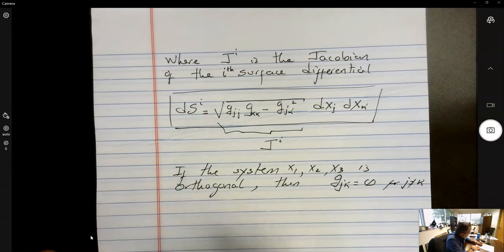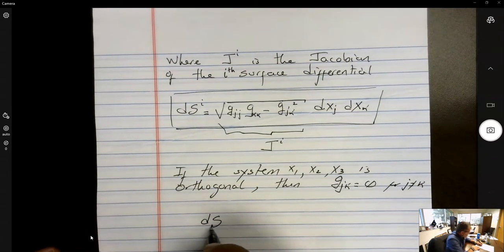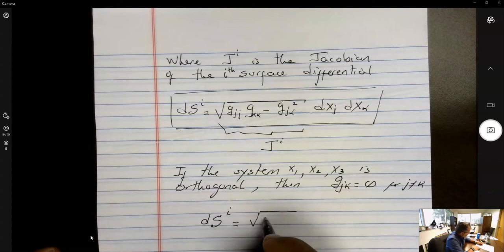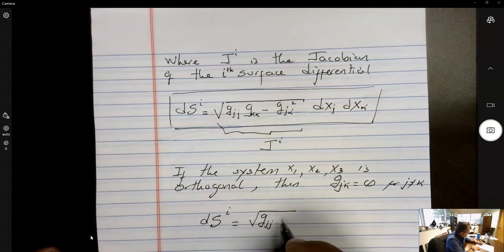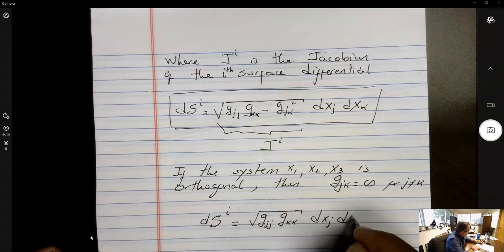So dsi will be equal to the square root of gjj gkk dxj dxk.